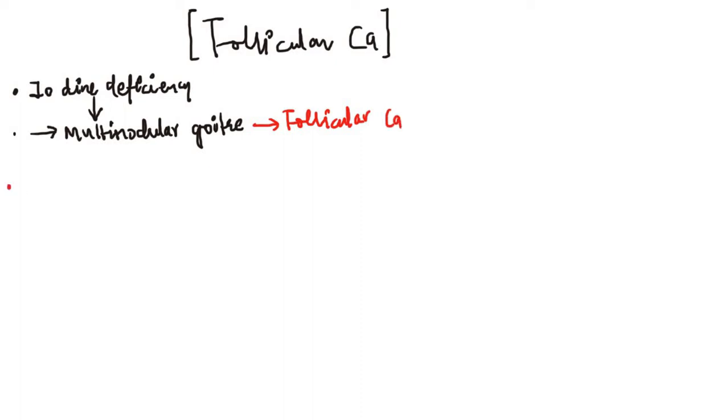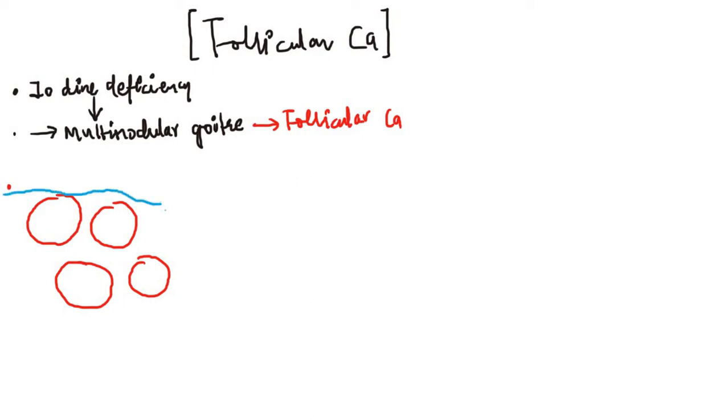Now if we talk about the histopathology of the follicular carcinoma, when we look at the sample of the tissue of follicular carcinoma, then it is seen that there are numerous malignant proliferation of the follicles, and the characteristic feature which differentiates the follicular carcinoma from the follicular adenoma is the invasion through the thyroid capsule.